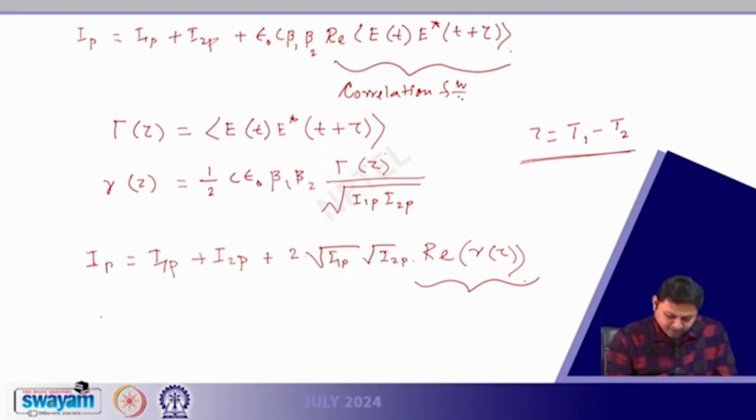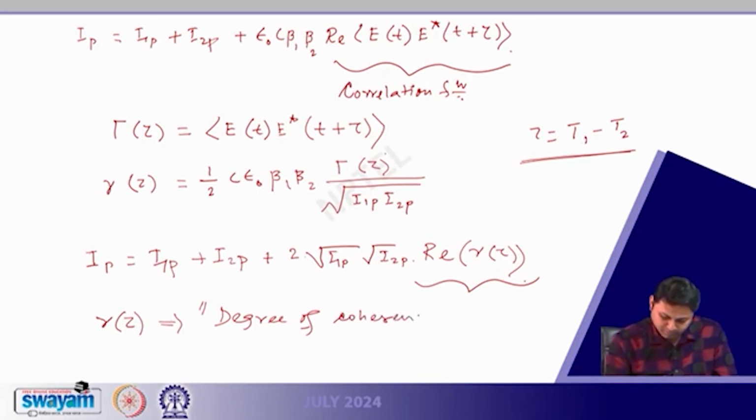This gamma tau is essentially called the degree of coherence.